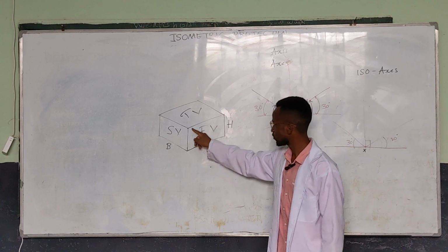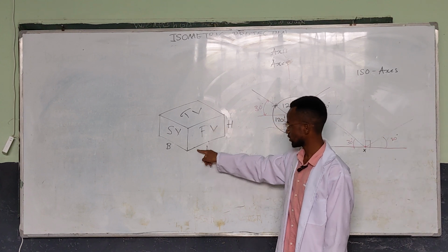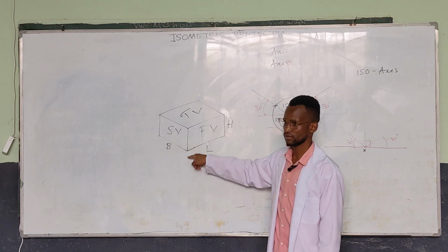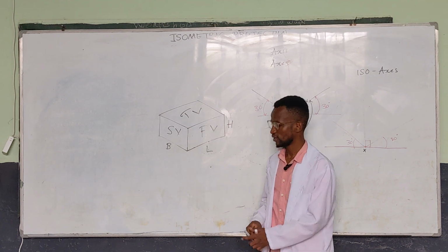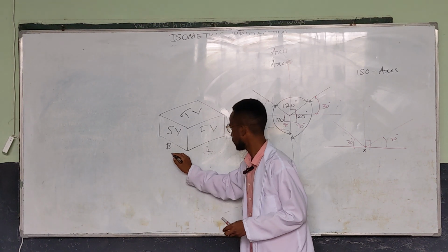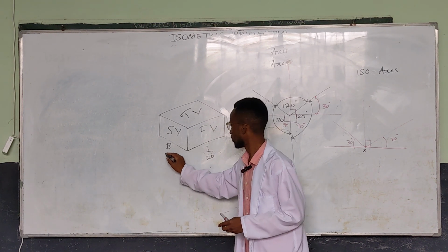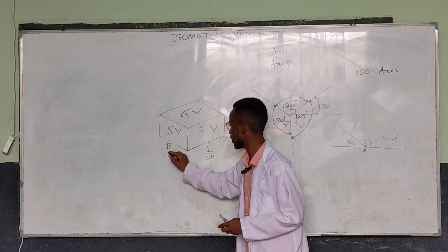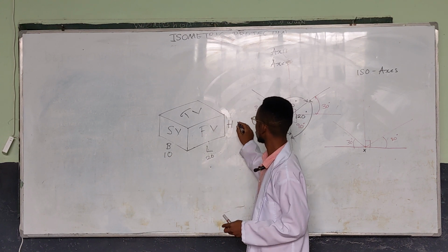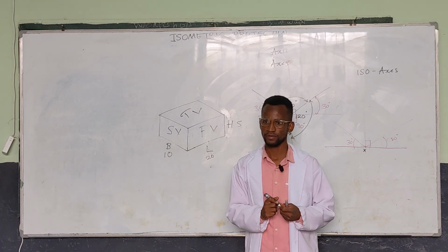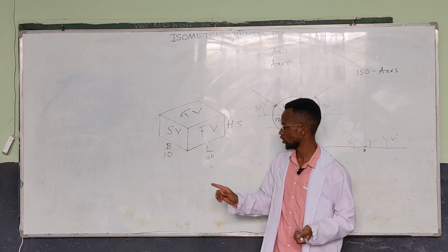If you consider this line that is here, it is just a line that is parallel to this one, at a certain distance. So let's say the length is 20, the width is 10, and the height is 5. You start measuring from the lowest point.